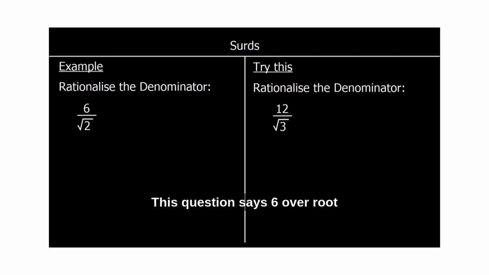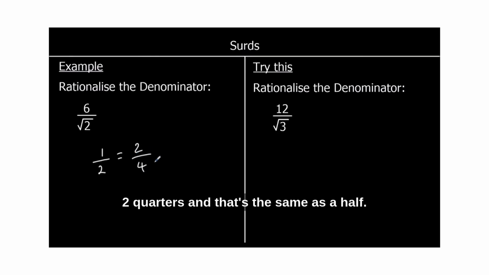This question says 6 over root 2. I want to get rid of the surd from the bottom of the fraction, and I can do that by multiplying the top and bottom of the fraction by the same thing. So if I had a fraction, say 1/2, and I multiply top and bottom by 2, I'll get 2/4, and that's the same as a half.